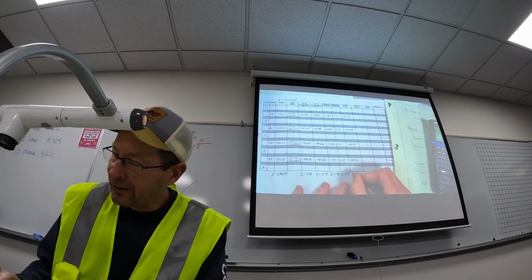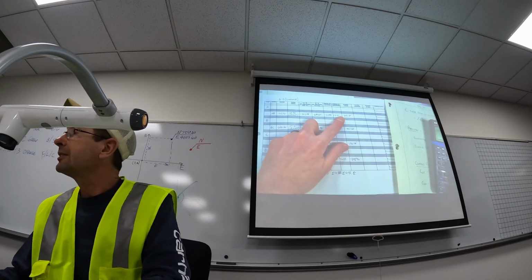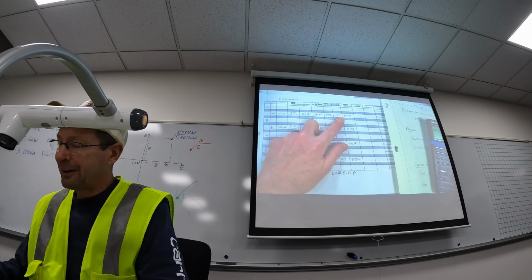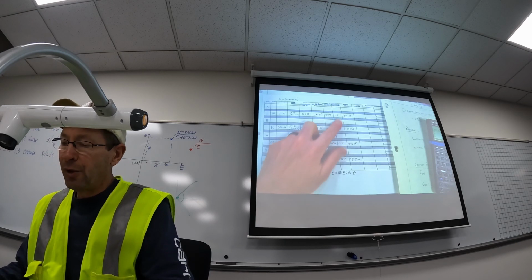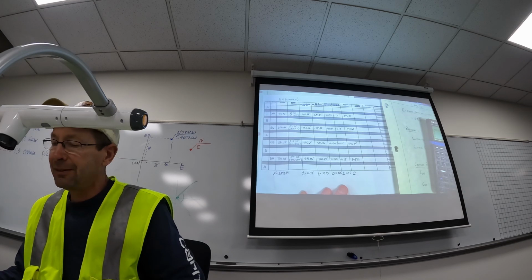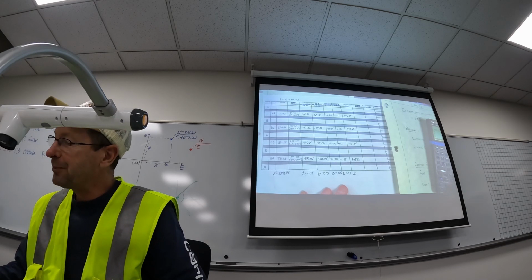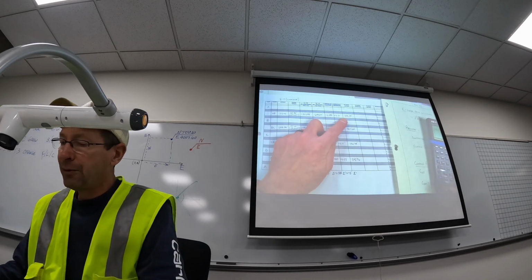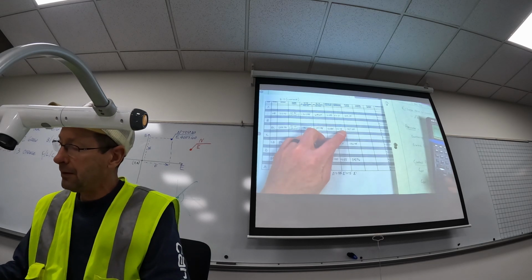Let's sum this column up real fast because I'm coming up against the clock here and I don't want to keep you. If you sum all those numbers up, and if you have a stack in your calculator, you might be able to sum some things up a little quicker.